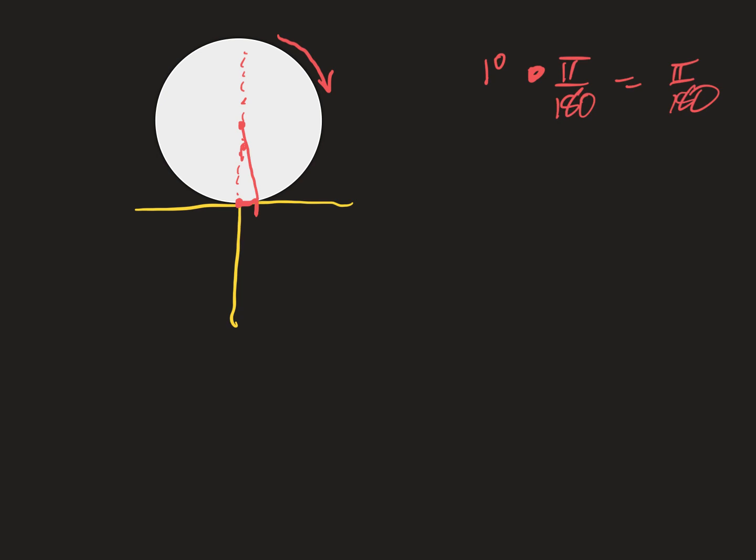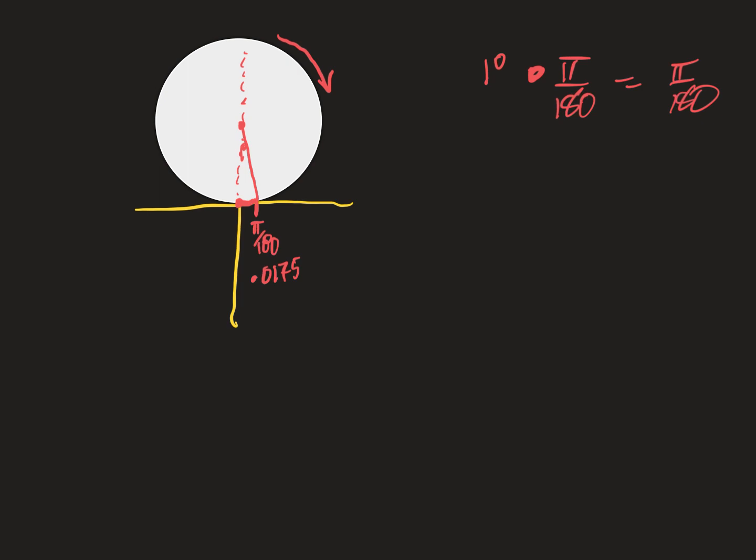So I know that this point here is pi over 180 as a real number. In fact, I can tell you what it is as a decimal. It's approximately 0.0175, okay? Approximately. And so that's how long this little arc on the circle is.